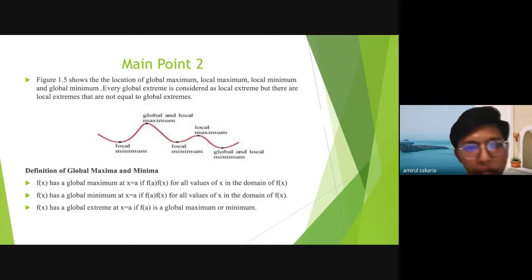Okay, so the main point: figure 1.5 shows the location of the global maximum, local minimum and global minimum. Every global extreme is considered a local extreme, but there are local extremes that are not equal to the global extreme.